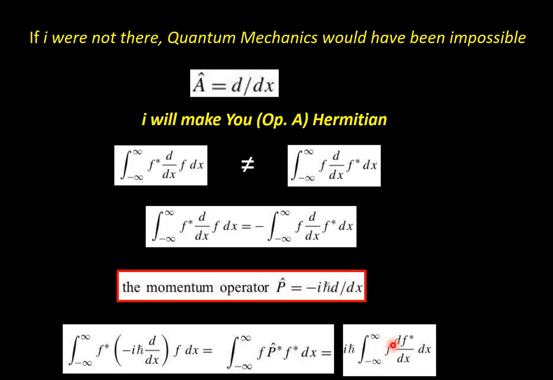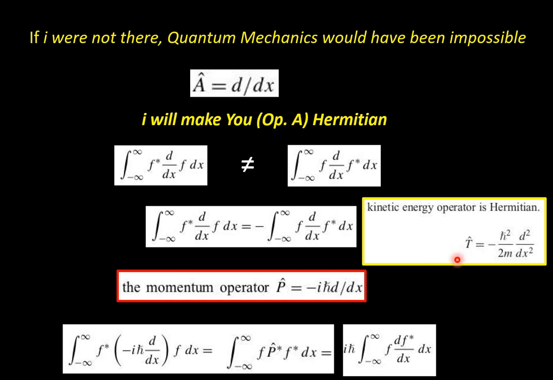So d/dx is not Hermitian, but after multiplication by i or minus i h bar, the whole thing becomes Hermitian. So i makes the operator d/dx Hermitian. So I will make you Hermitian. Actually, I mix Hermitian. Okay.